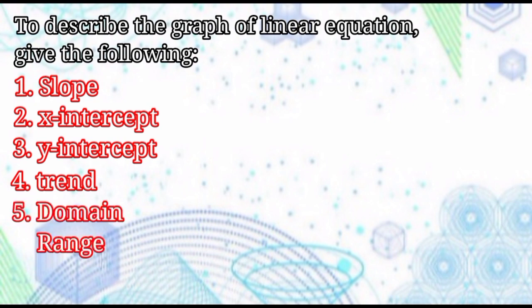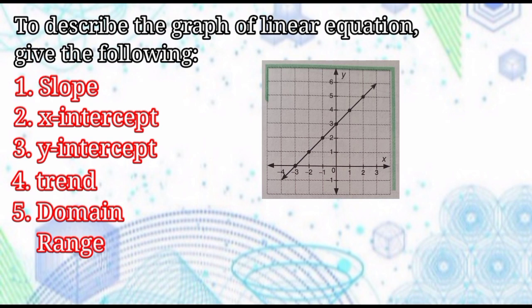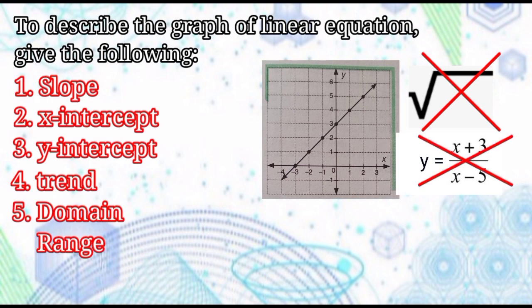Number 5 is the domain and the range. Ang graph ng linear equation ay line, where both sides are extending infinitely. Kaya hanggat wala kang nakikitang square root symbol o hindi ito rational algebraic expression, the domain and the range is the set of all real numbers.